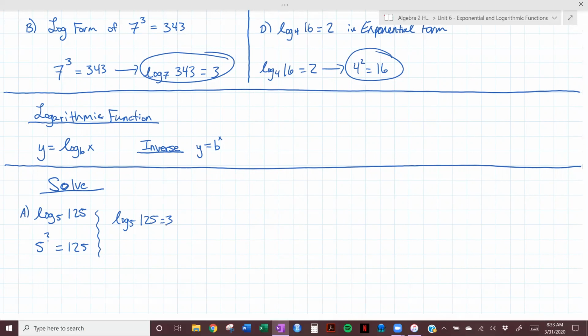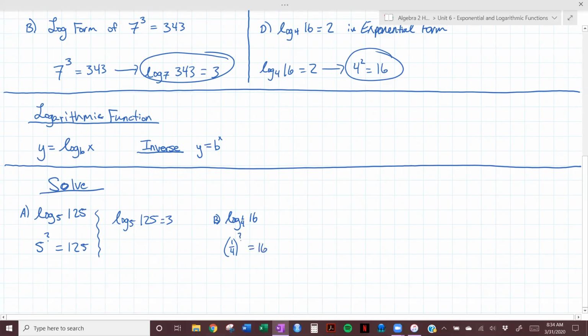For letter B, we have log base 1/4 of 16. What you need to think about here is what gives me 16 when I do something to the 1/4.